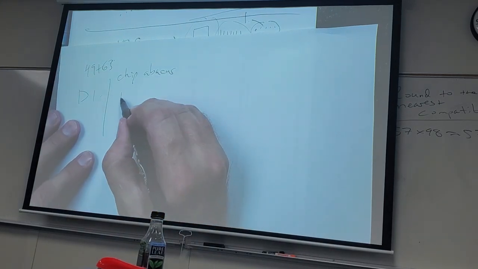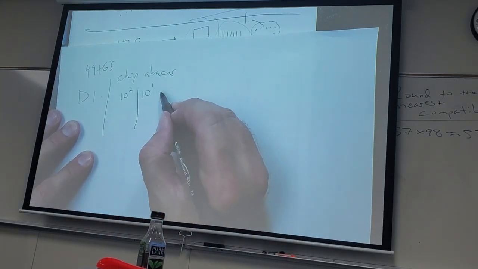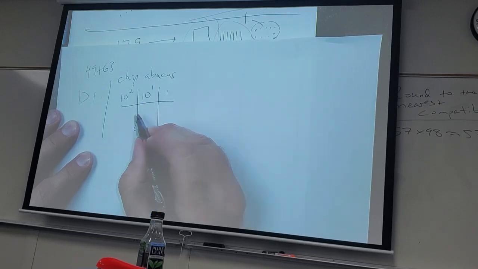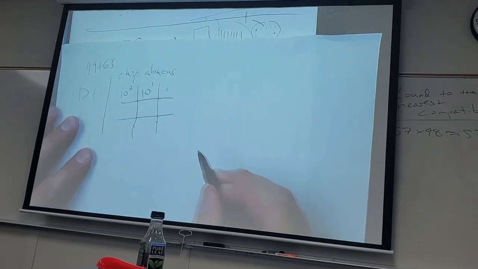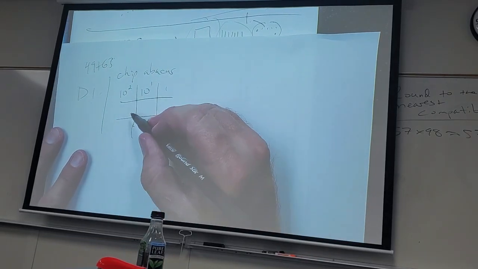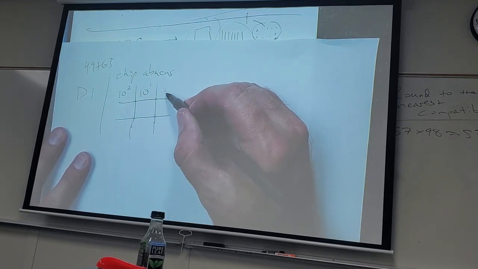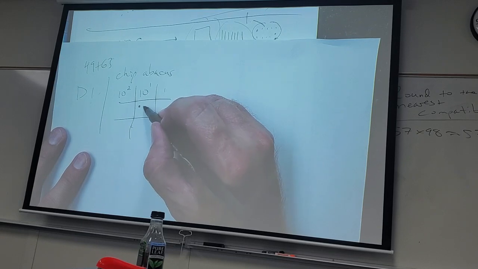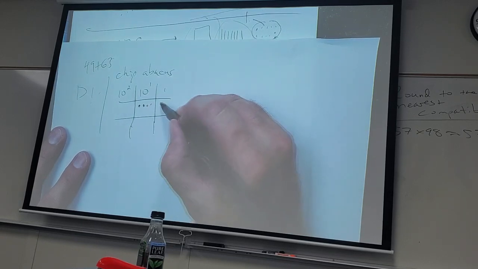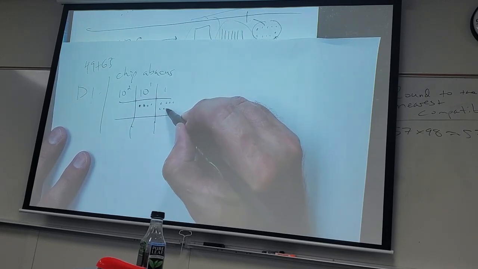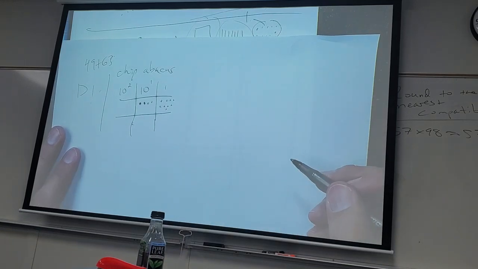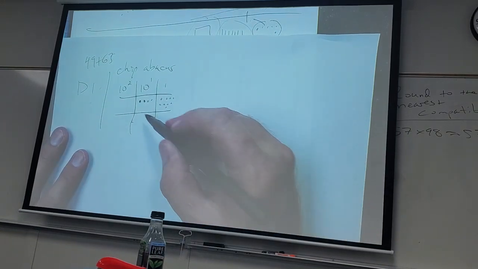Okay, so the way this would look, just in case, I can't remember if I assigned any problems like this. I've denoted the places, so I would put 4 chips here, and then 9 chips there. So that's 49.